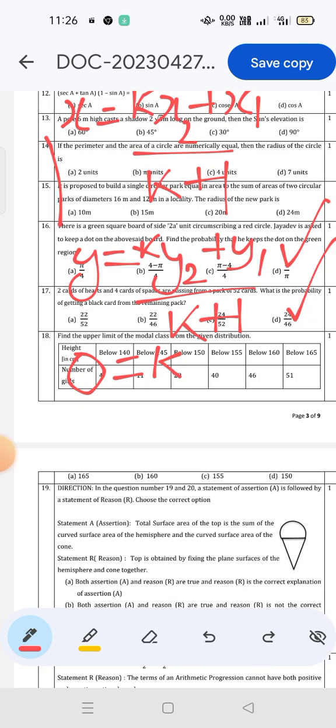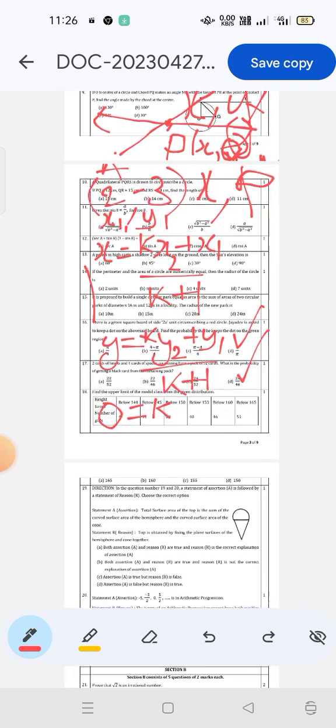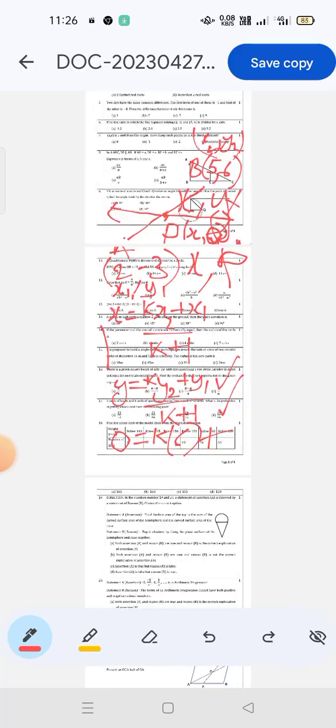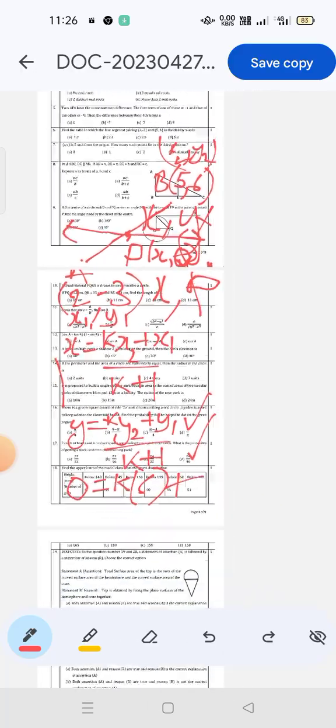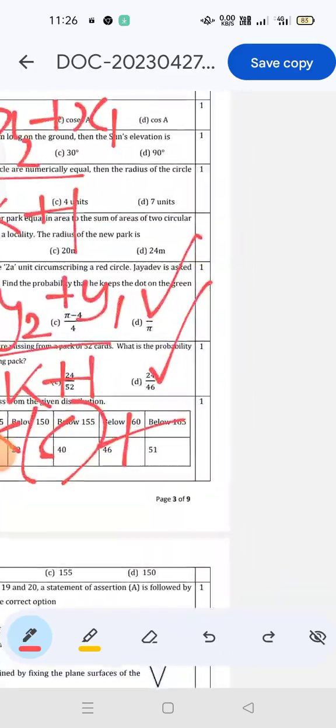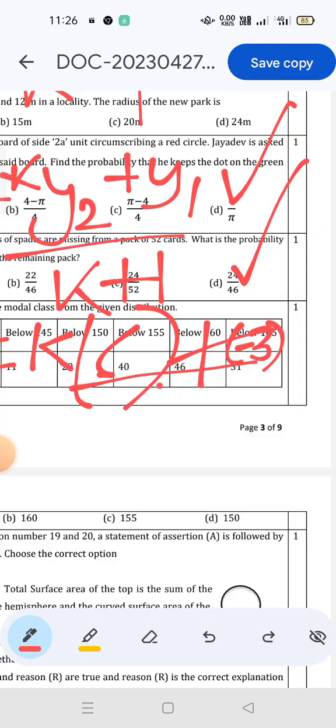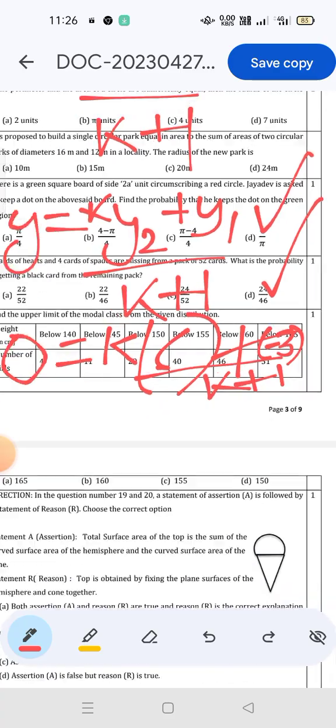The value of y2 you can see is 6, so 6k, plus y1, which as you can see here is minus 3. So this is minus 3, the whole divided by k plus 1.